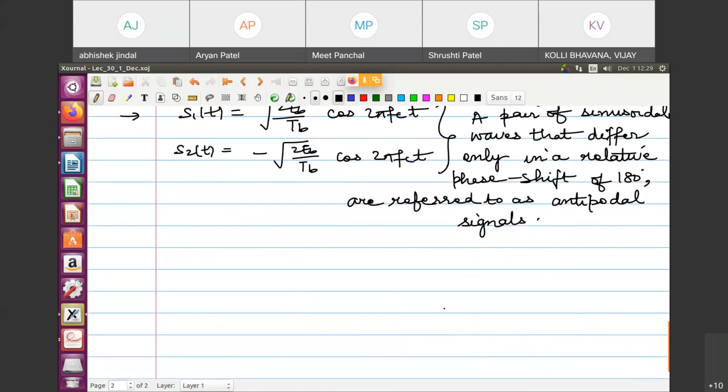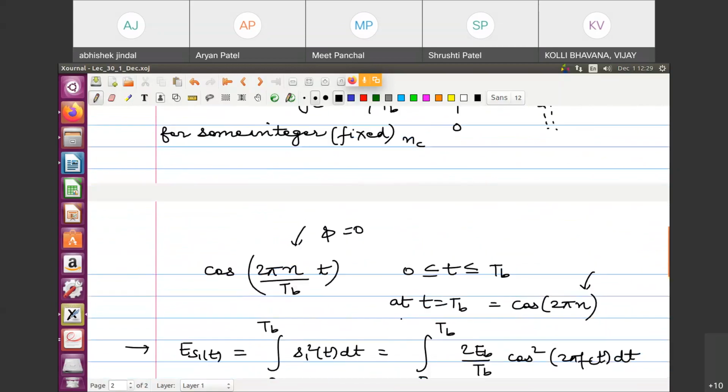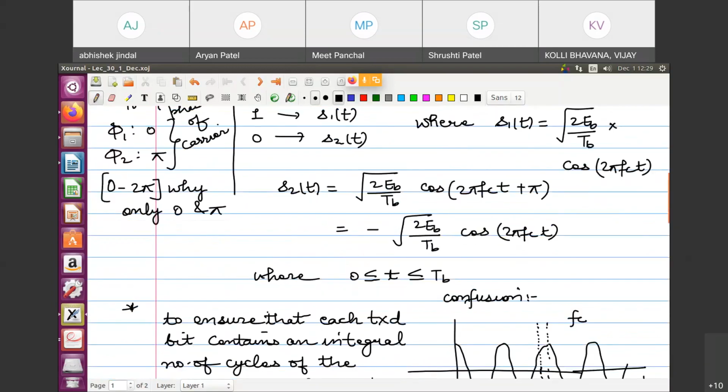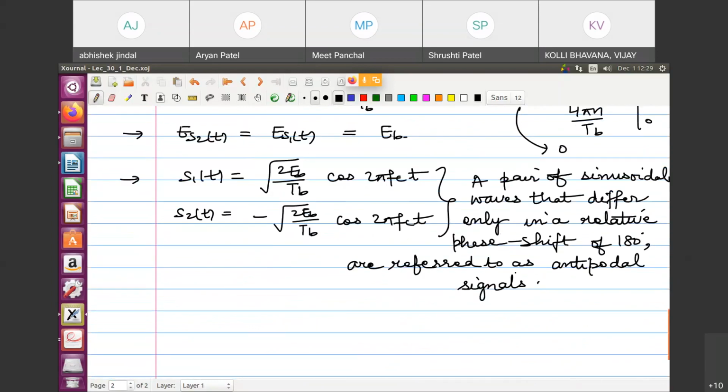Why? Because they are exactly opposite in phase. I have just drawn, I think I have rubbed the figure, but I think from there you can appreciate it. Now this is sometimes called an antipodal communication scheme as well.